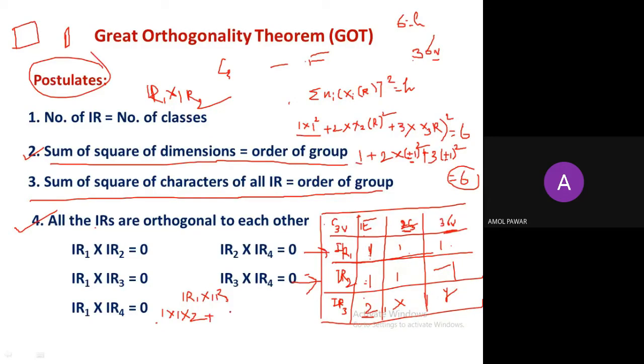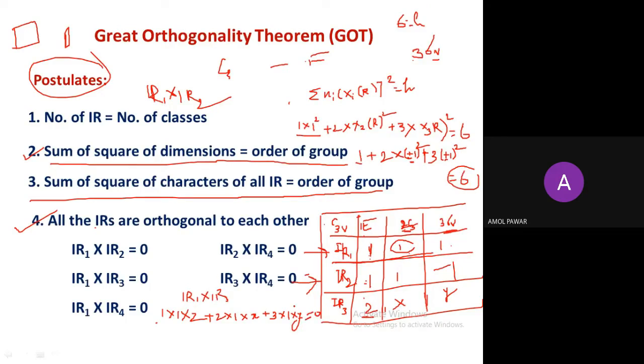Plus again this 2 of C3 into the character 1 into X, that we have to determine, plus 3 of sigma v into the character of IR1, 1, into Y, is equal to 0.